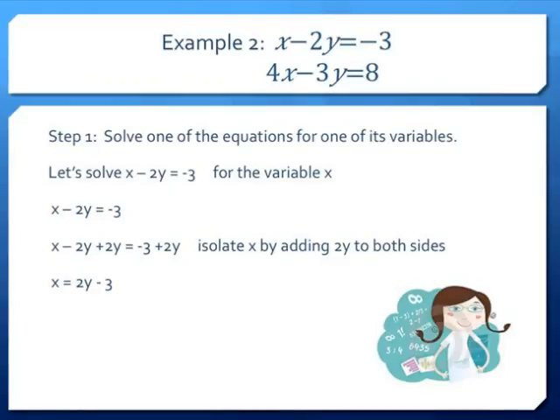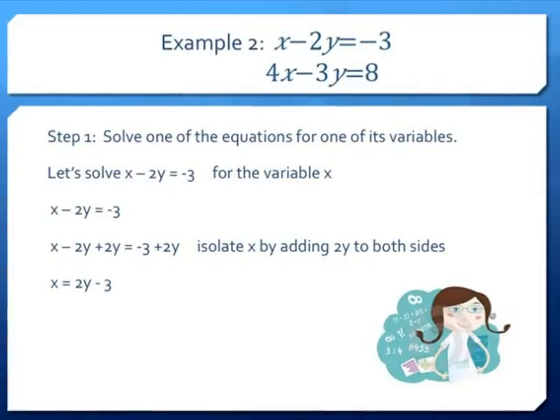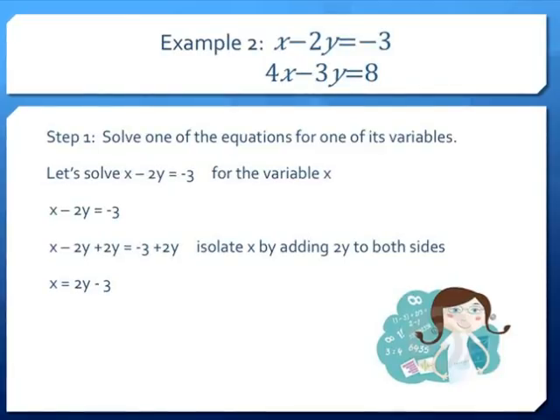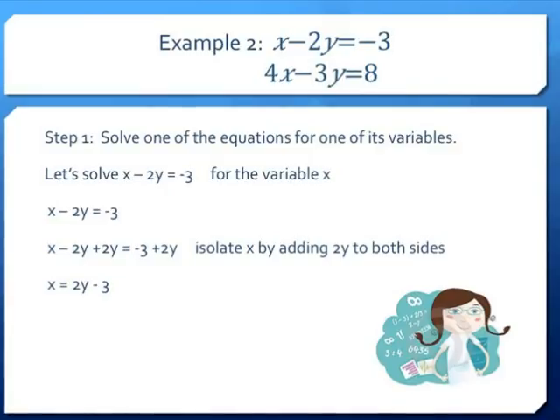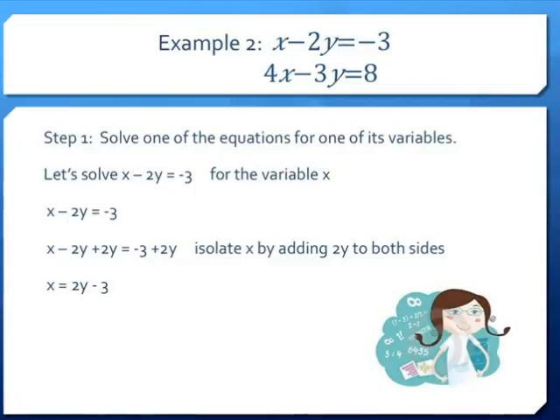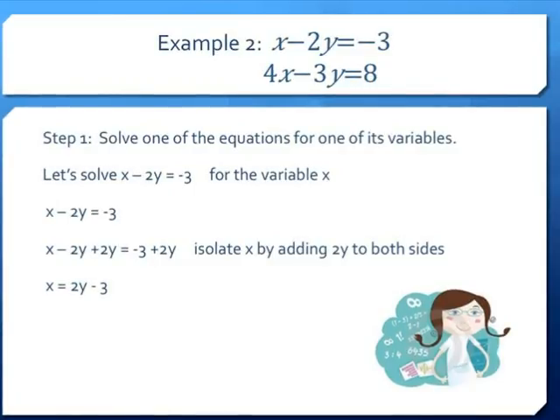Let's solve x minus 2y equals negative 3 for the variable x. To do that, remember we're isolating the variable first, and in this particular problem we'll add 2y to both sides. Therefore we get x minus 2y plus 2y equals negative 3 plus 2y. And then we get x equals 2y minus 3.